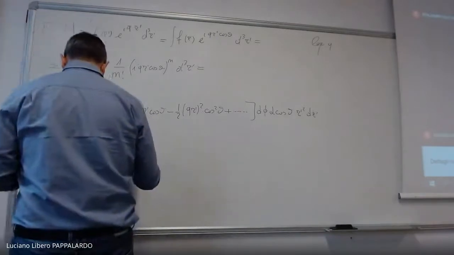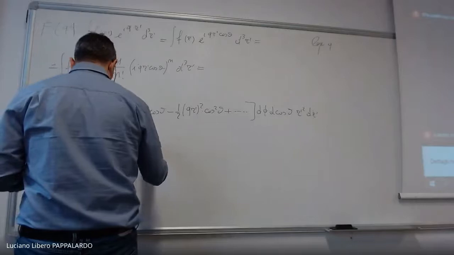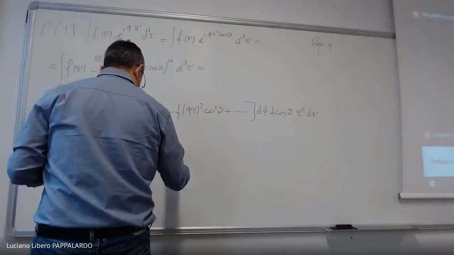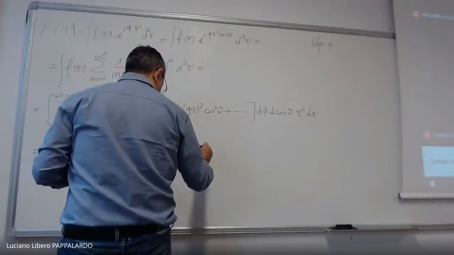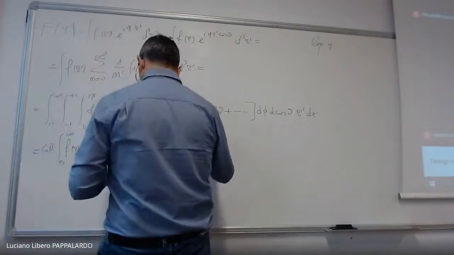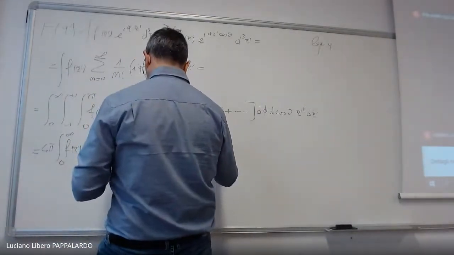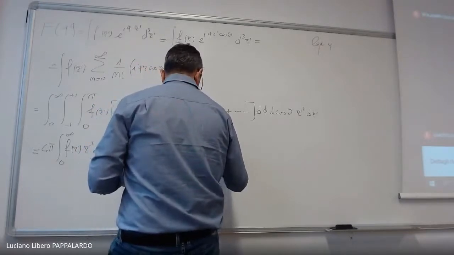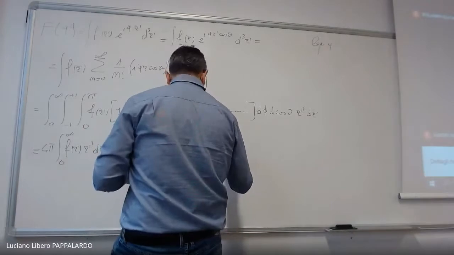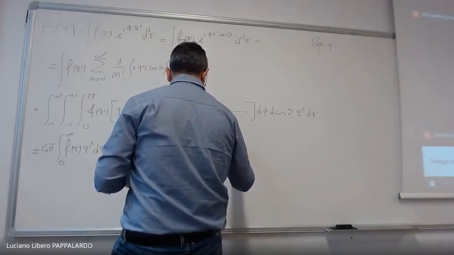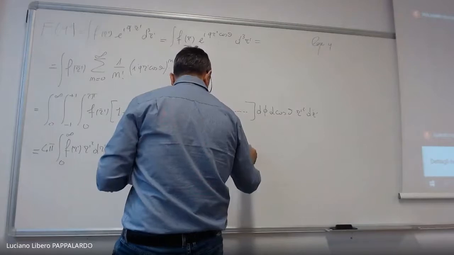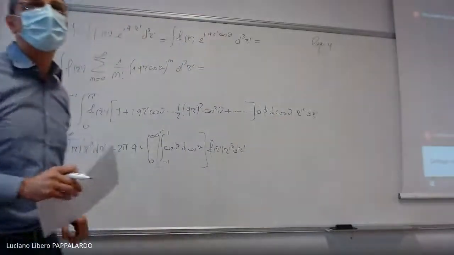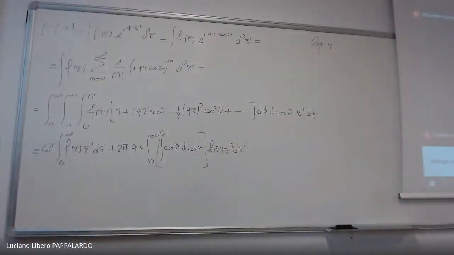So plus 2 pi q i, and then we have the integral from 0 to infinity, the integral from -1 to 1 of cosine theta d cosine theta, and then we still have f(r') r' cubed dr'. One r' comes here and the other two. And this is the second piece.